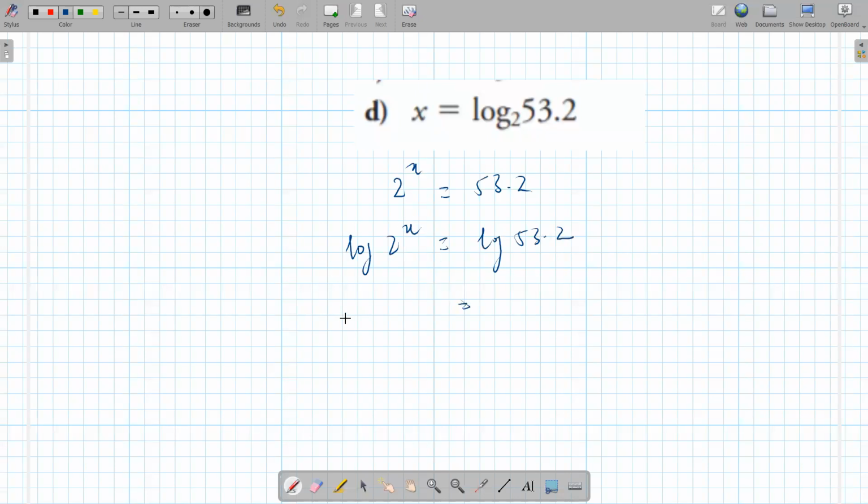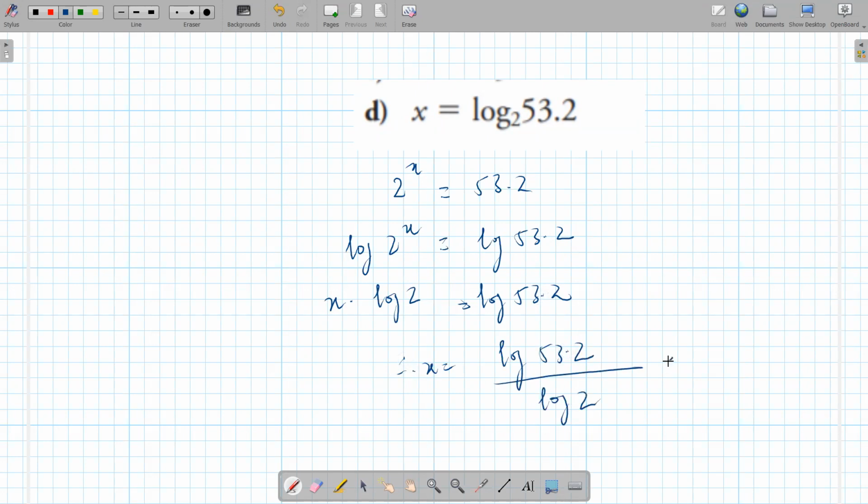So you get x times log 2 equals log 53.2. So therefore, x is log of 53.2 divided by log of 2. To 3 decimal places, it's 5.733.